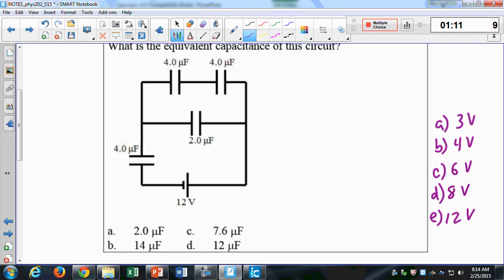In just a minute, I'm going to ask you questions about the voltages across the various capacitors. So go ahead and find the equivalent first. Oh, you got it already.